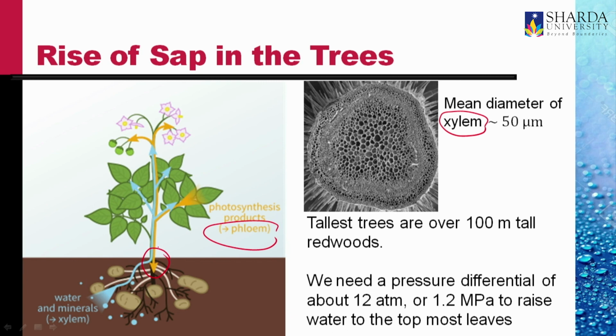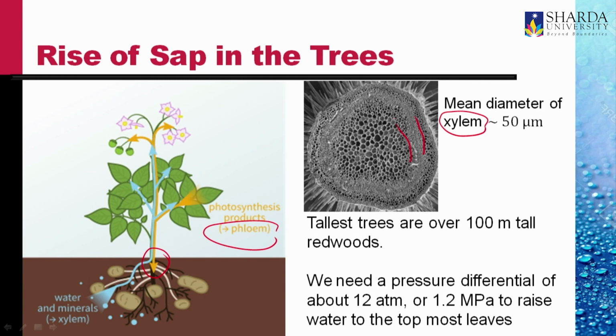There are many ways by which this kind of pressure difference is created, not the least of which is capillarity. The capillarity of the sapwood of redwood trees, which is in this region around the tree trunks. It's a foam-like, fibrous wood, with a mean diameter of xylem of about 50 micrometers.